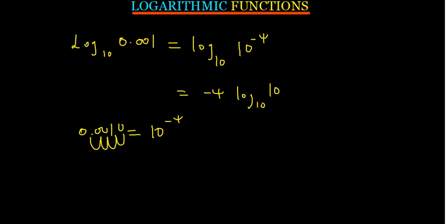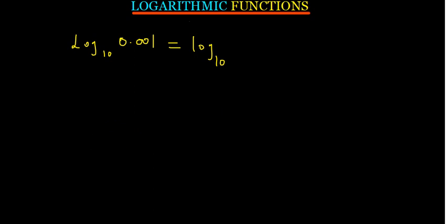By the way, for this one, even if I've written the negative 4, that will not even be the answer. There is a misjudgment here. Let me do this again. We have got 0.001, and written in exponential form, we are going to have 1 goes once, twice, and then for the third time.